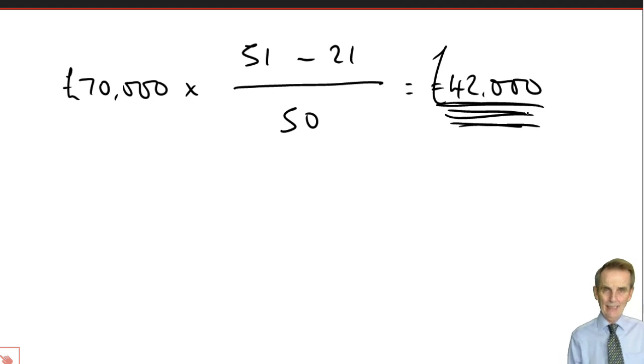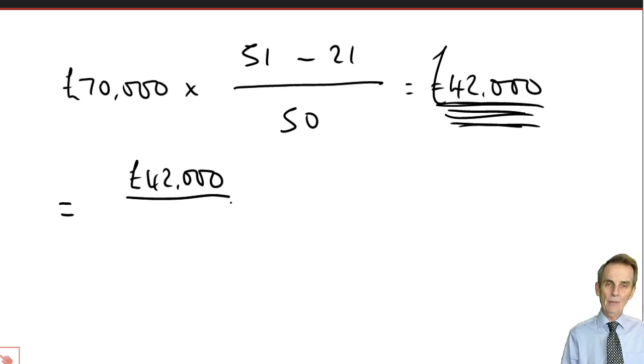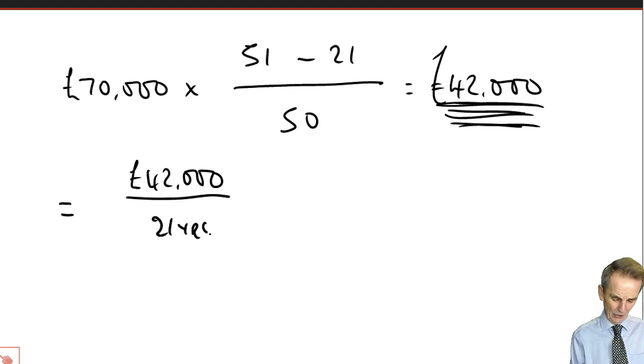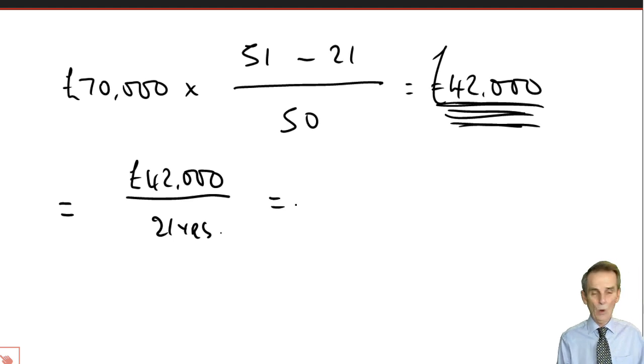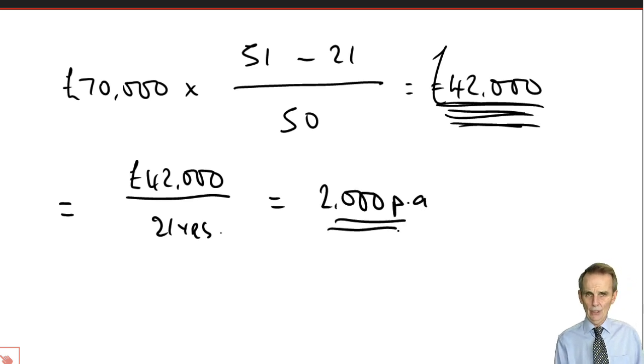So for the lessee, the annual trading profit deduction is the amount of the premium assessable as income, 42,000, divided by the number of years of the lease, 21 years, which gives you £2,000 per annum. So in each full year of the lease, in addition to any rental payable, I think it was £20,000 a year there, we're going to have £2,000 as a further annual trading profit deduction.